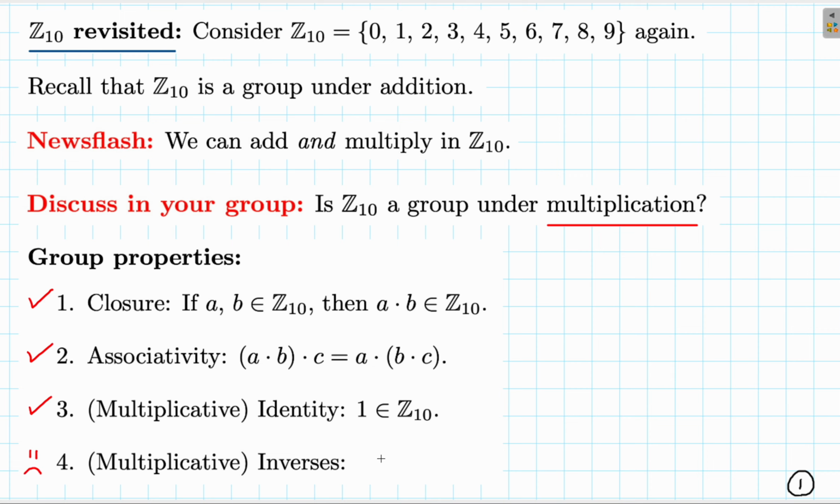For example, the 0 element does not have a multiplicative inverse in Z10 because 0 times x equals 1 is not possible in Z10, and therefore 0 does not have a multiplicative inverse. And so unfortunately, Z10 is not a group under multiplication.